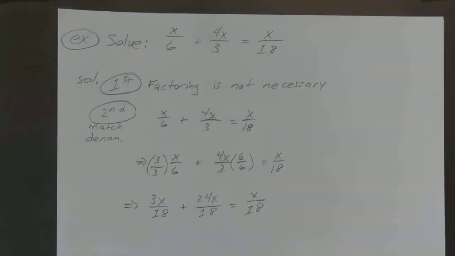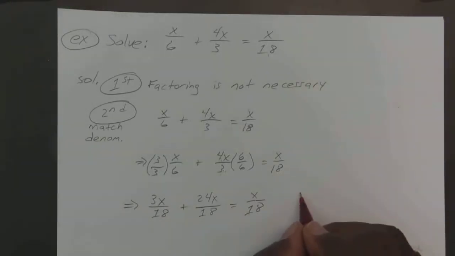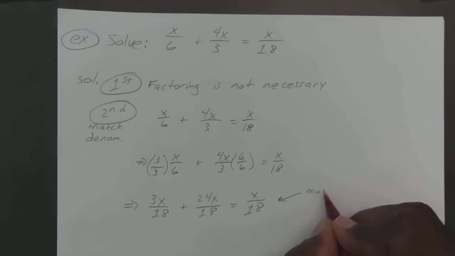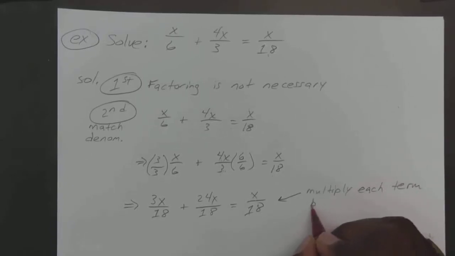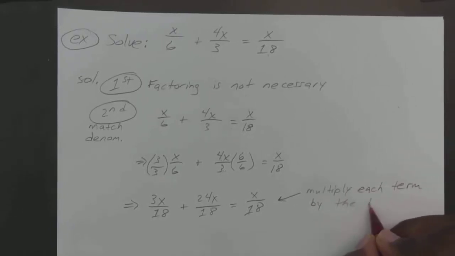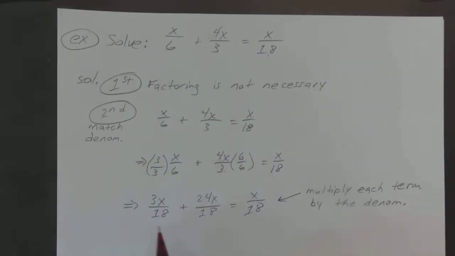Okay. Now, if you multiply each one of those terms by 18, so multiply each term by the denominator. Here your denominator is 18, so you multiply each one by 18. So you have 18, or you can make it 18 over 1 if you want to.